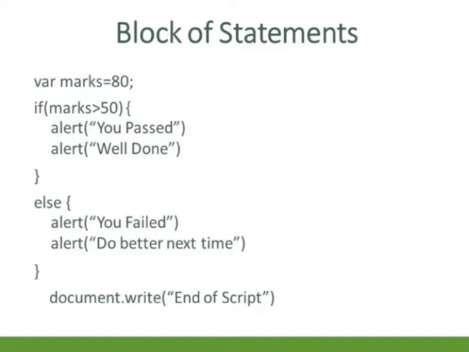But if the condition is false, then we simply go to the else part where alert you failed and alert do better next time. Both of these statements will execute and then the execution of the program starts from document.write. So this is the way we write simple if statement and if statement with an else part.